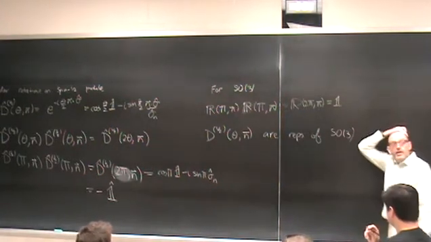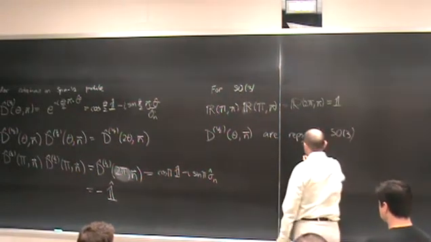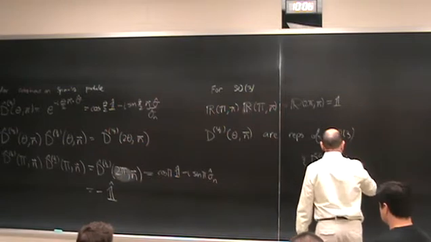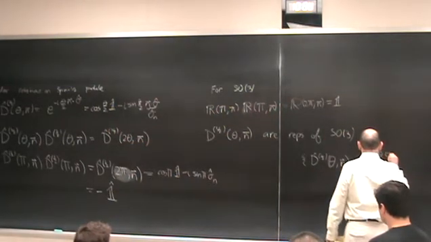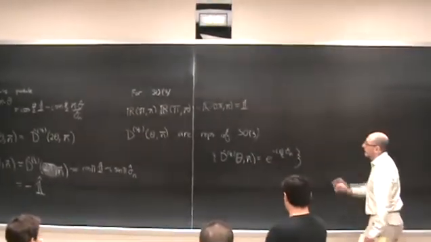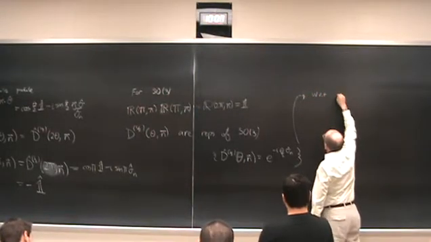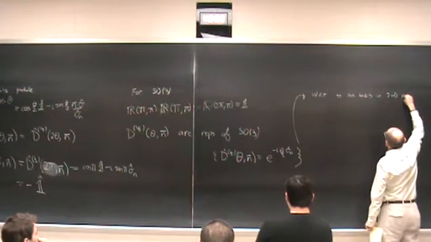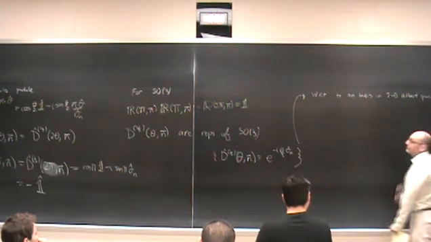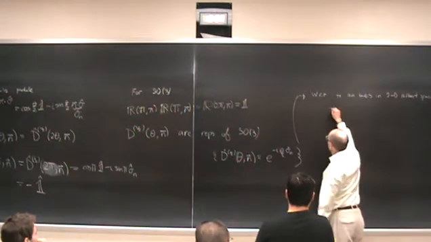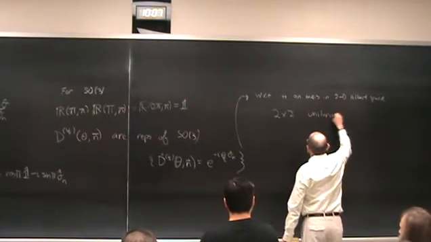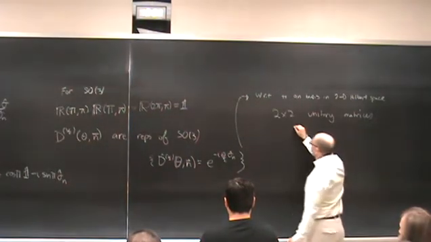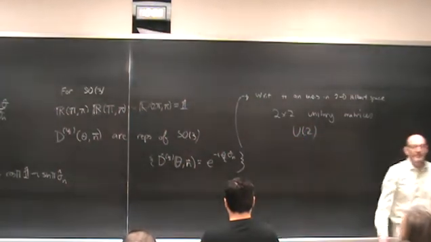Well, what we see here is that this set, with respect to any basis in 2D Hilbert space, they're 2 by 2 unitary matrices. That is the set U(2), excluding bottom.